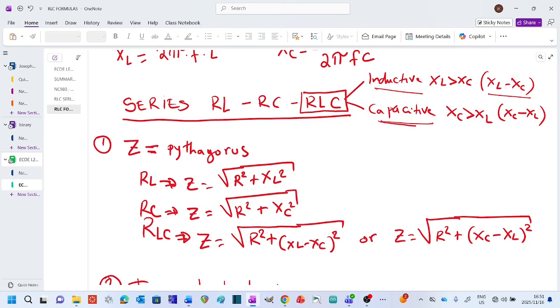If it's a capacitive circuit, you are dealing with XC minus XL as a numerator.